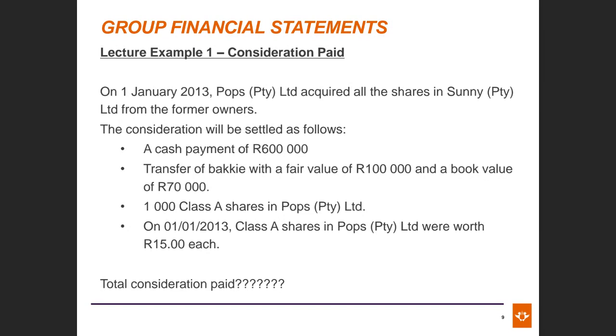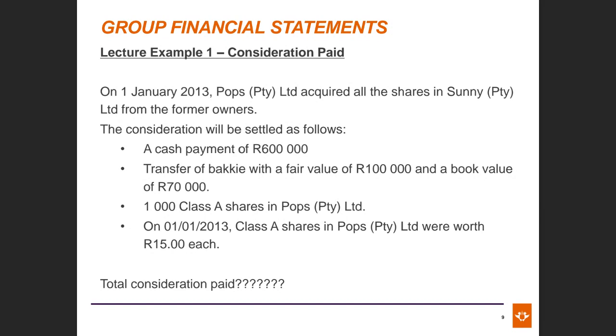And then we need to have a look at what the value of these shares is on acquisition date. So on the 1st of January 2013, we're going to take 1,000 Class A shares and multiply it by 15 Rand each, because this is the value of the shares on that date.